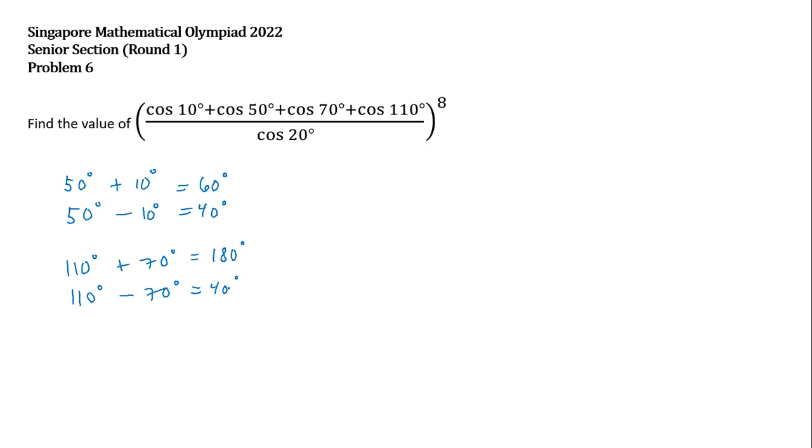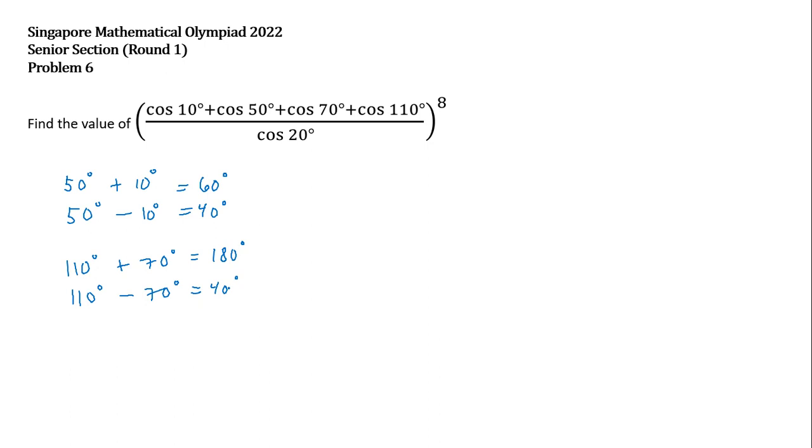This actually suggests that we must look for an identity that can reduce this one into an equivalent expression containing angles which are multiples of 30 or multiples of 20. Okay, just like 40 degrees.